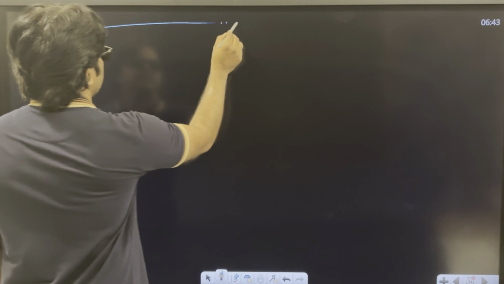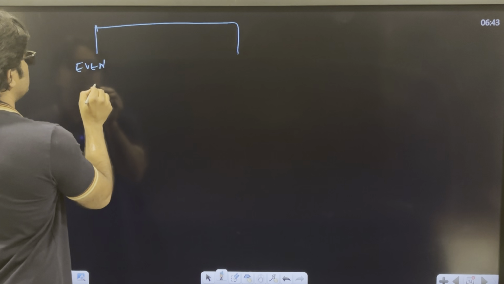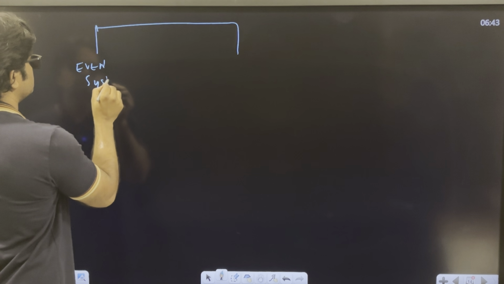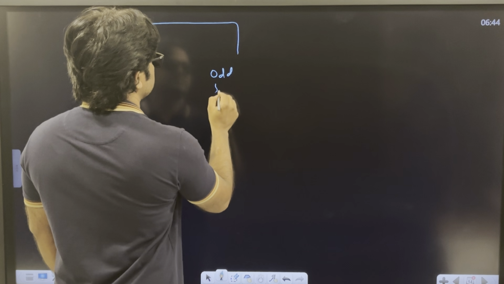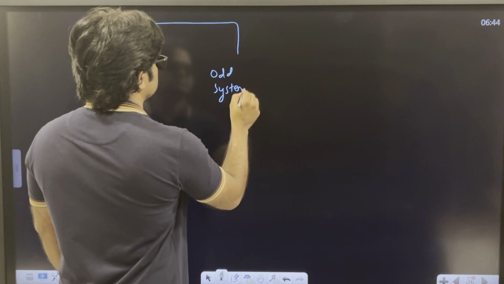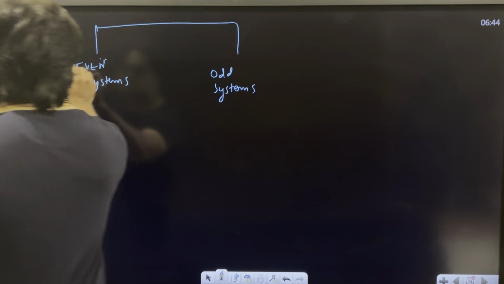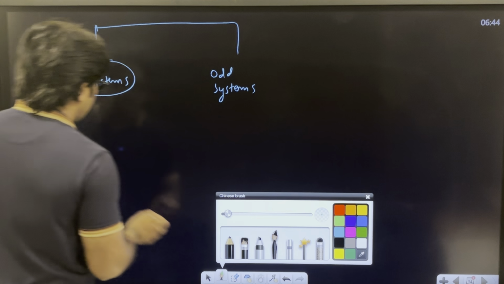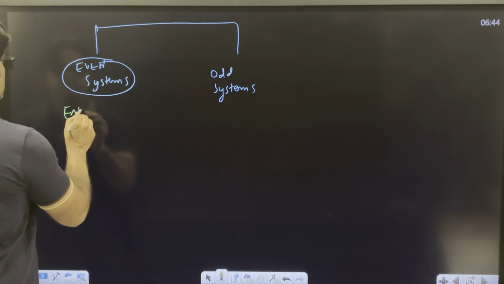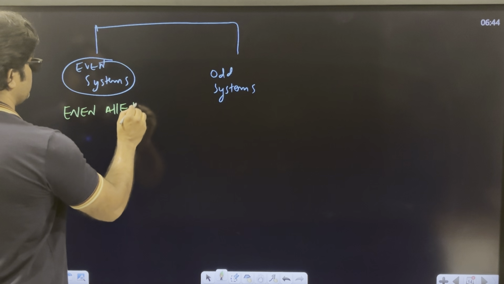So actually here we have even systems and odd systems. Now in case of even system, we have even allenes, very simple, no problem, just 5 minutes.